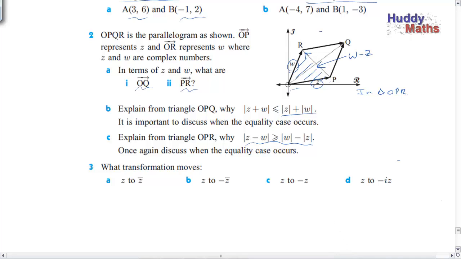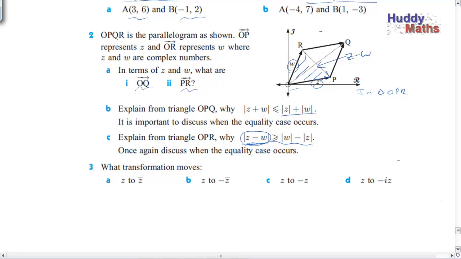Oh, well, hang on, let's look down here. We want Z take W. So let's put it in the opposite direction. This would be Z take W, down there. We're using that only because I spotted down here, that's what they want us to talk about.